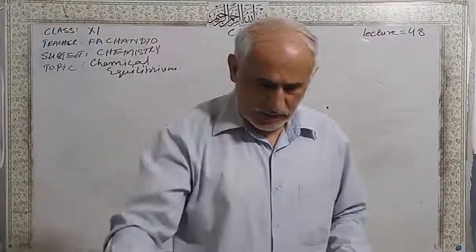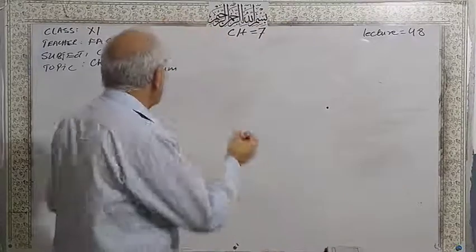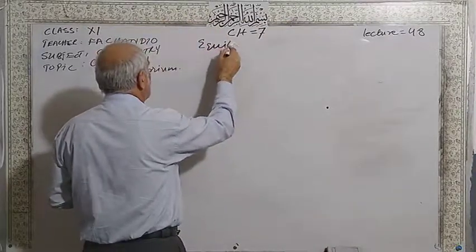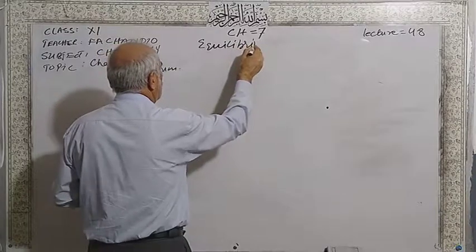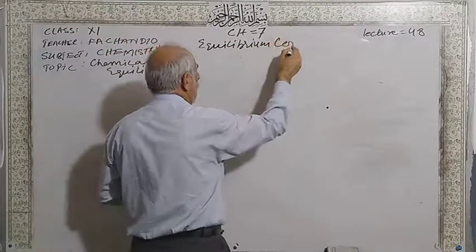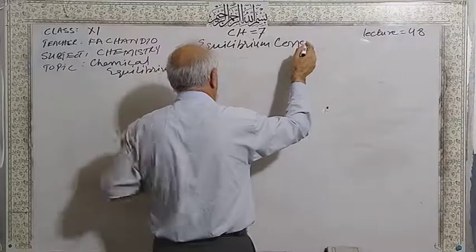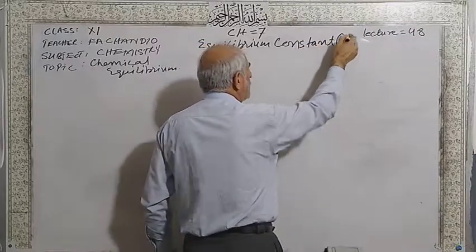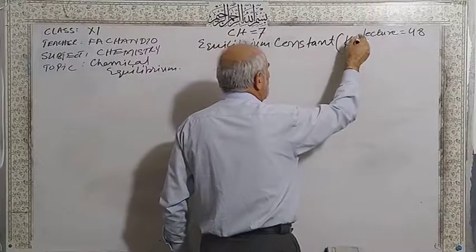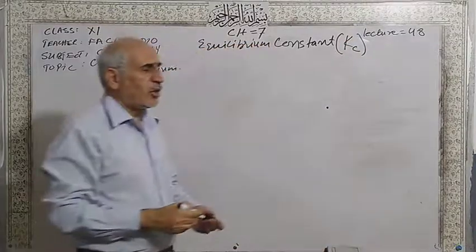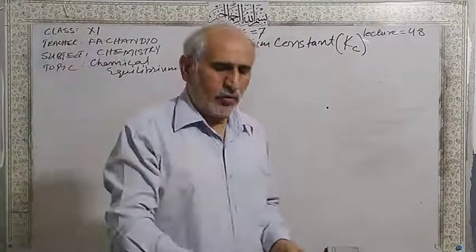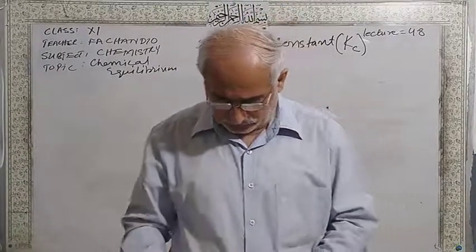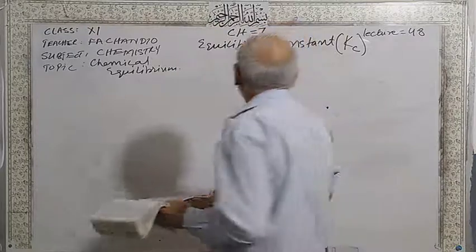Now students, there is the equilibrium constant. The equilibrium constant is denoted by Kc. While we are going to explain the equilibrium constant, we have to explain a law.